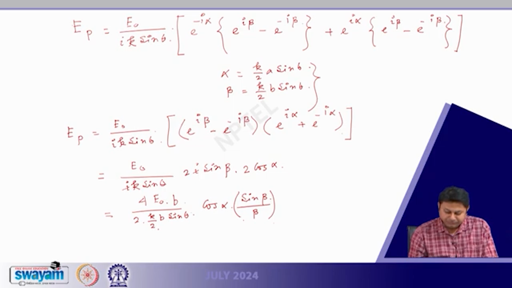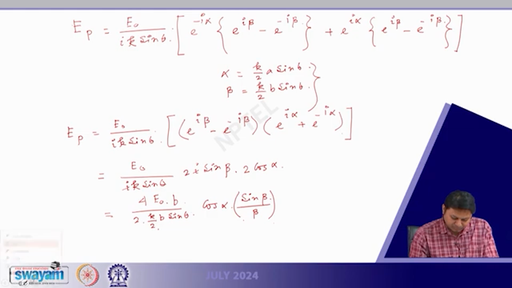So, this k by 2 b, these things are basically beta. Okay, I make a mistake here. So, I will put these things later, because still this is sin beta. If I put this beta here, then it will be like this.